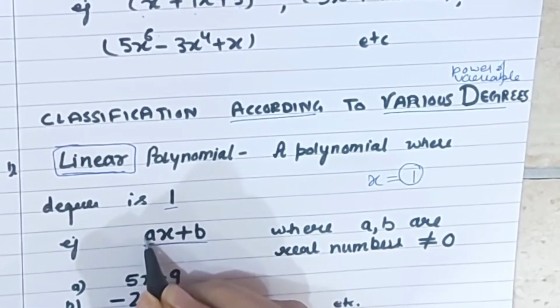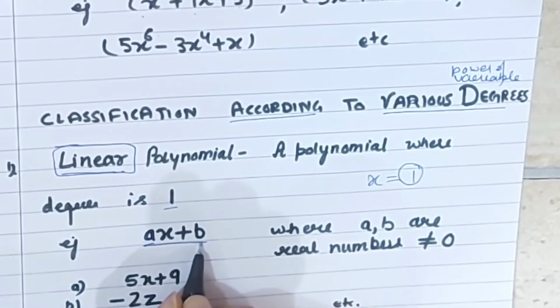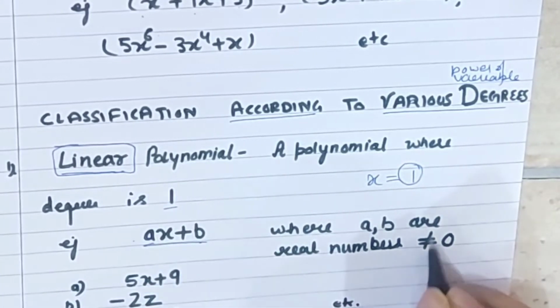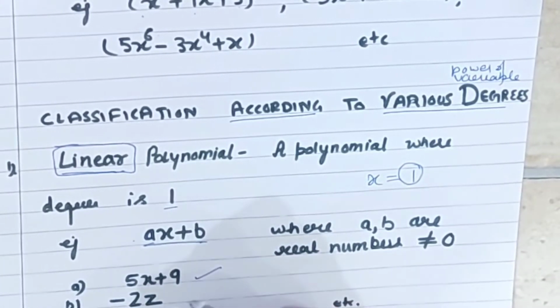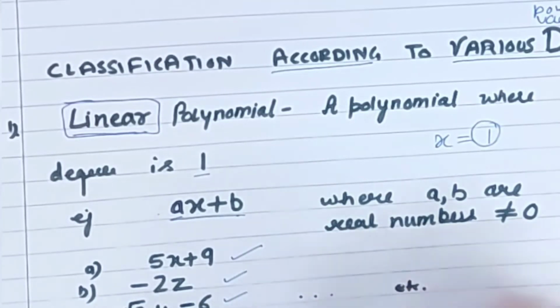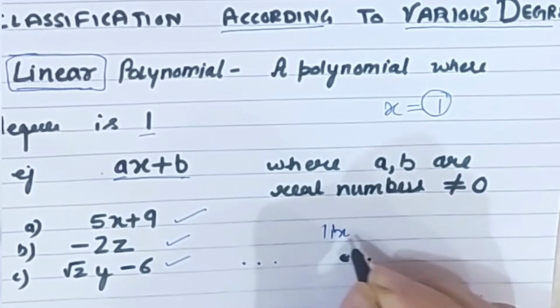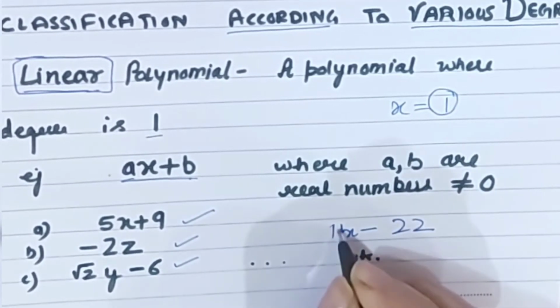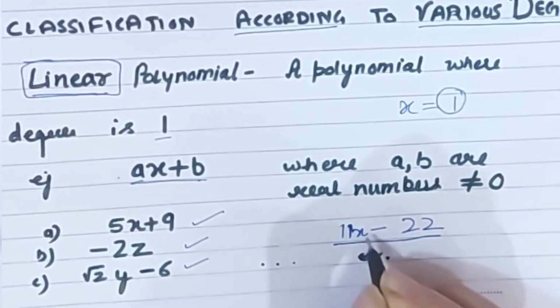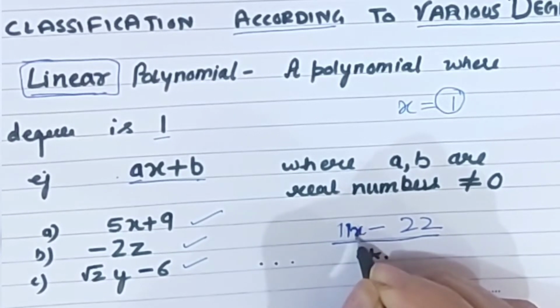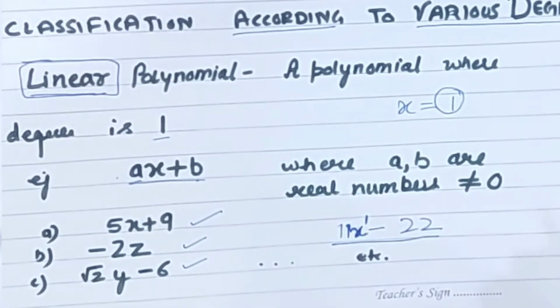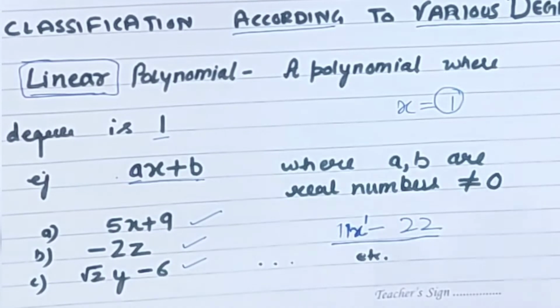Here a is a coefficient, b is a constant term, and a should not be equal to 0. Another example is 11x minus 22. This is a linear polynomial where the degree of x is 1. Like this we can form linear polynomials.